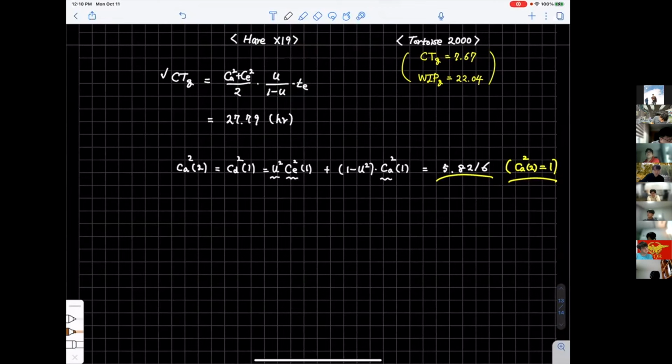If we calculate for Tortoise 2000 after the change of the CV of arrival, then according to the calculation, this becomes 26.15 hours.